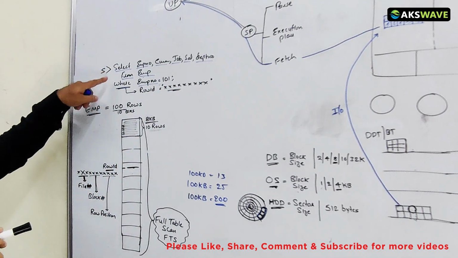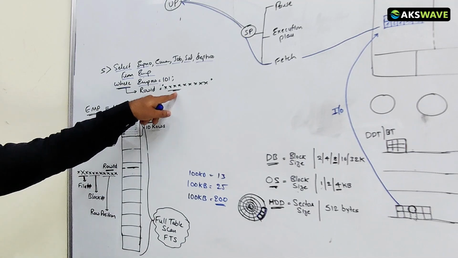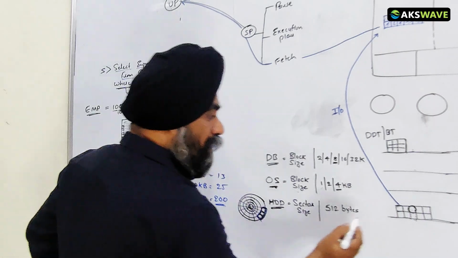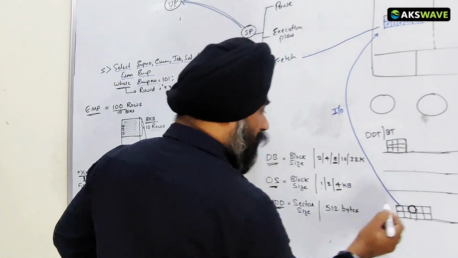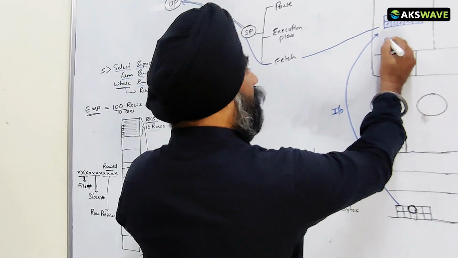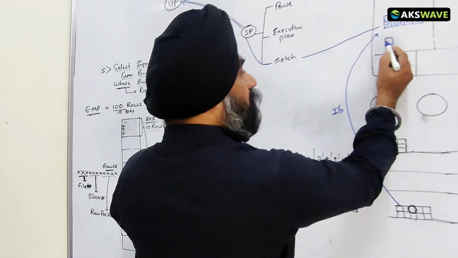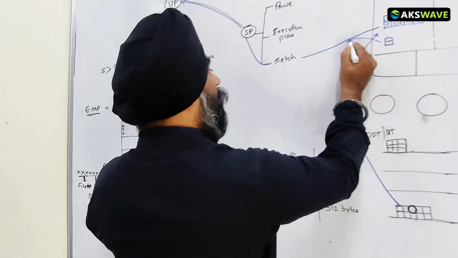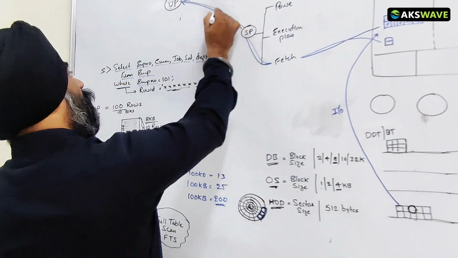Now you are directly telling the file, block and position. It will simply go to this block, perform an IO, bring that block here, go to that particular row, take the value and return it to the user.